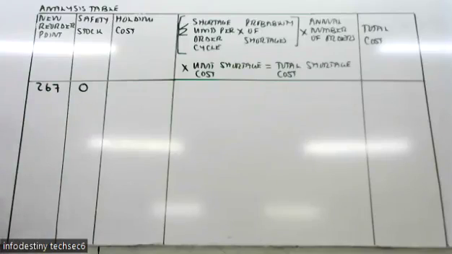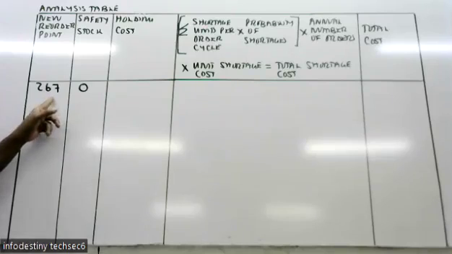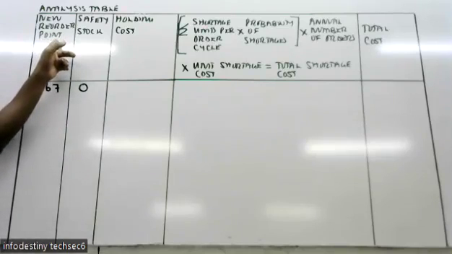There is a formula I had given you earlier: new reorder point is equal to current reorder point plus safety stock. So we already know this is our current, but here we are now calling it new.